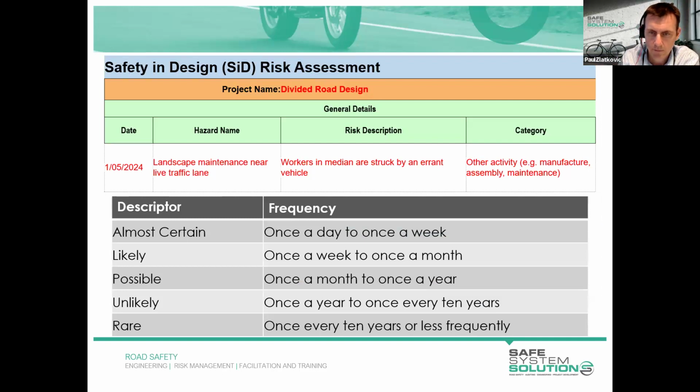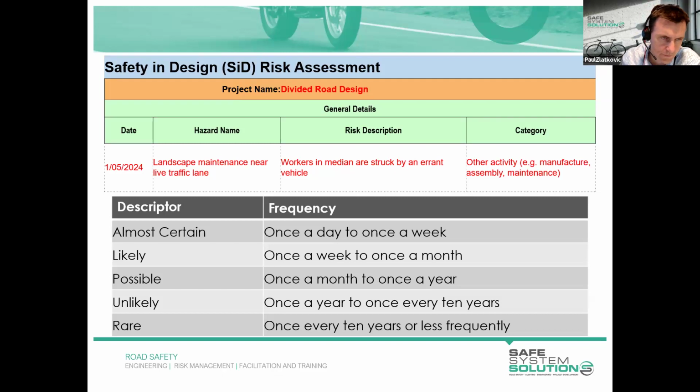Collectively, we're going to estimate the likelihood for this risk, and we've got our descriptors of frequency there. Almost certain is once a day to once a week, likely is once a week to once a month, possible is once a month to a year, unlikely is a year to every 10 years, and rare is over 10 years.